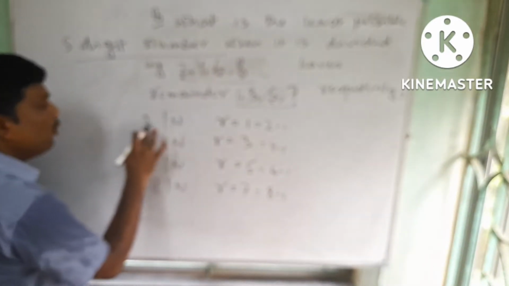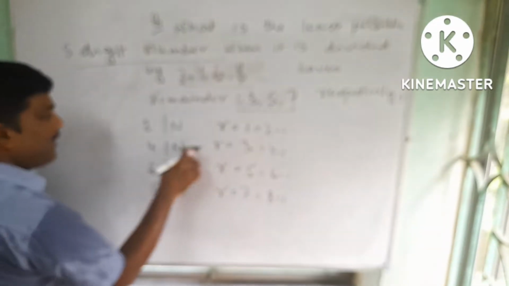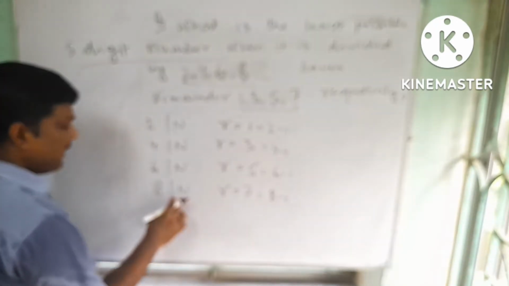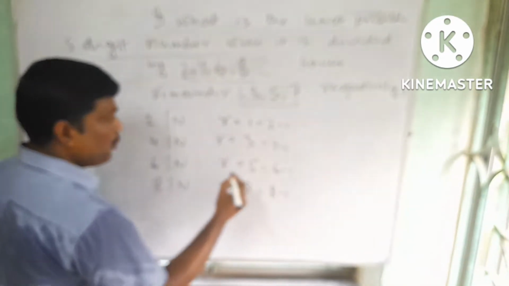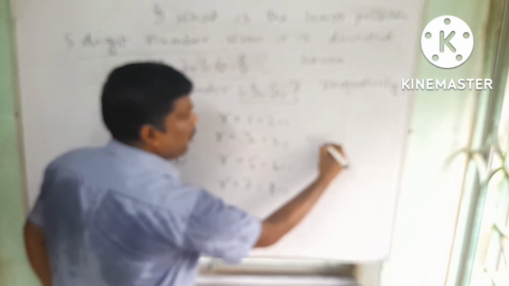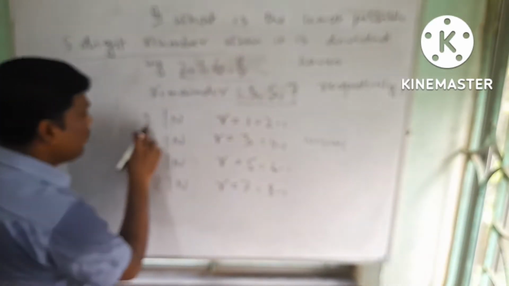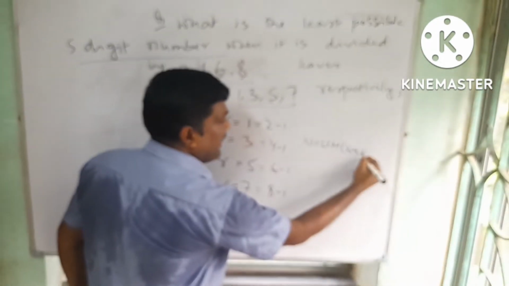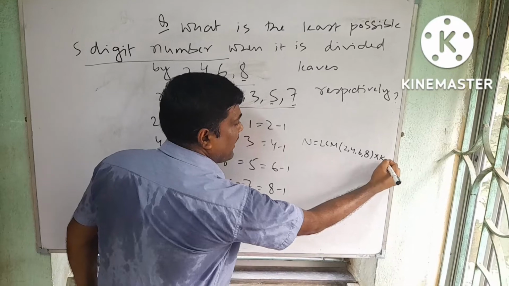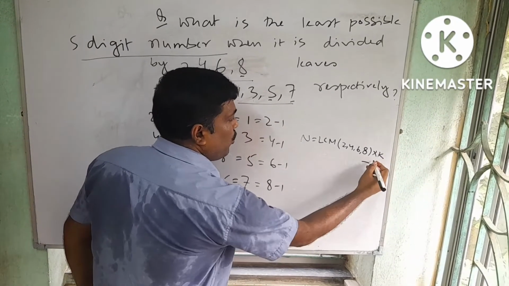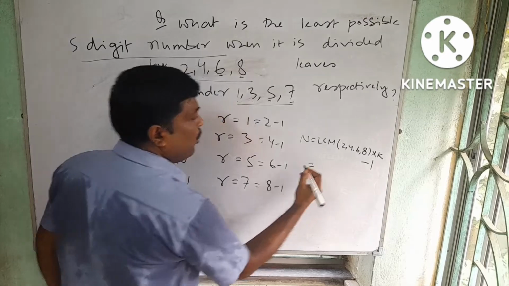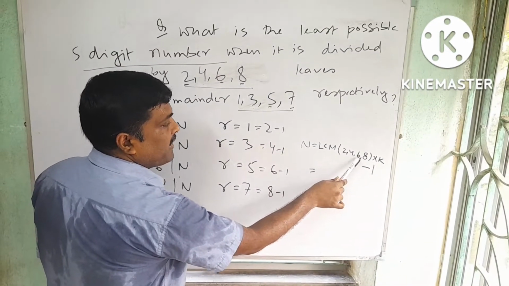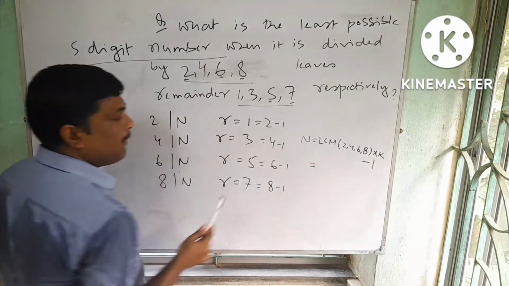Okay, dividing by 2, remainder is 2 minus 1, dividing by 4, remainder is 4 minus 1, dividing by 6, remainder is 6 minus 1, dividing by 8, remainder is 8 minus 1. So n equals LCM of 2, 4, 6, 8 into some natural number k, minus 1.